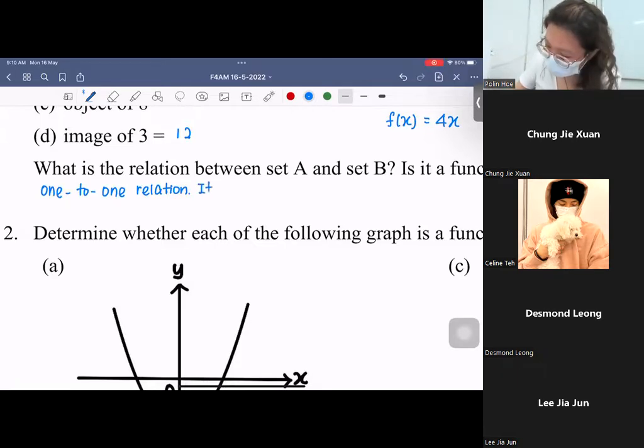But when you want to tell your teacher why it is a function, you have to explain like this. You have to say each object in set A has only one image.